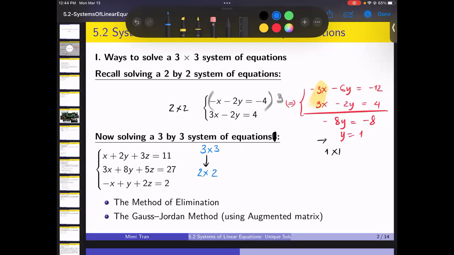And then from 2 by 2, we go down to 1 by 1. Then you solve, 1 by 1 means one of the variables is already solved. All you have to do is backtrack, right? Substitute y into the 2 by 2 to solve for x. Once you have y and x, you substitute y and x into the 3 by 3 to solve for z.